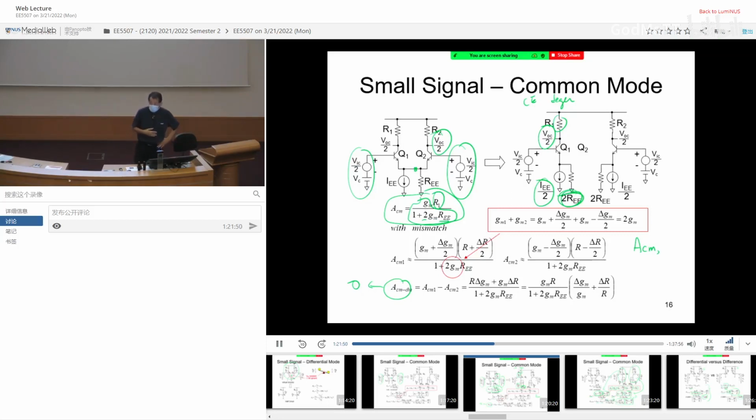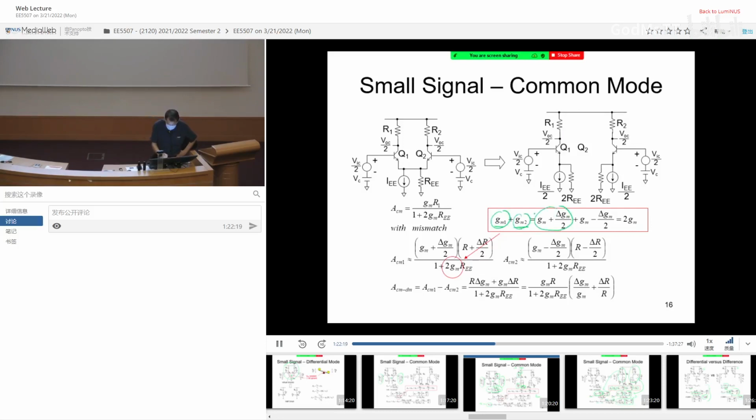Now, that's good. But you know, that is not the whole truth. Although, if you have perfectly matched circuit, you are going to have infinite common mode rejection ratio. It means 0 common mode gain. But if you look at any mismatch, so let's go through the derivation. Supposedly, your GM, okay, consists of this GM1 is slightly larger, this GM2 is slightly smaller. So when you combine them, you actually get 2 GM.